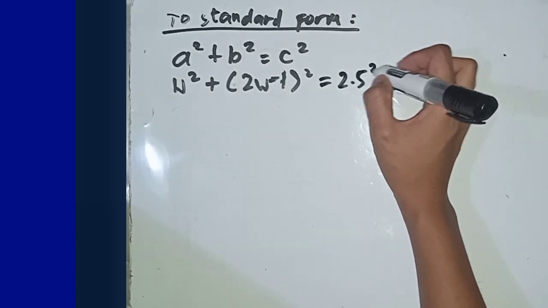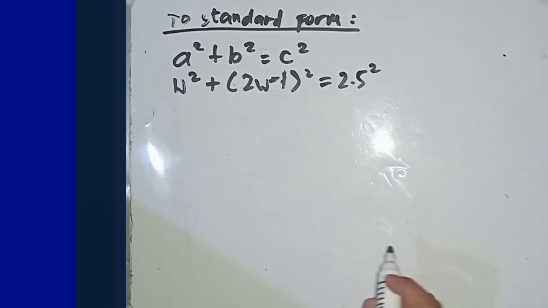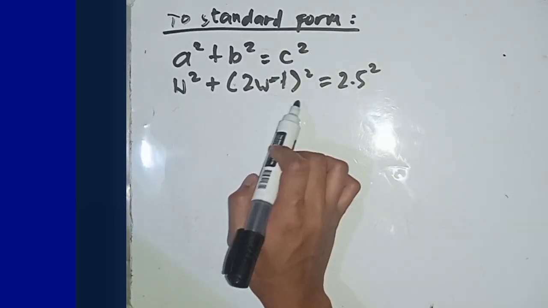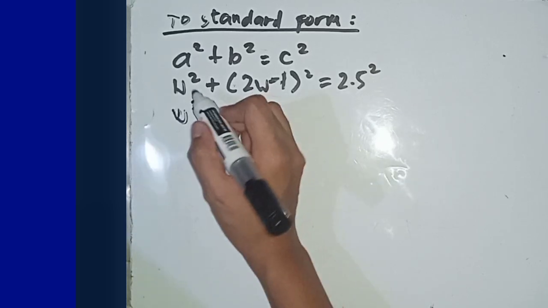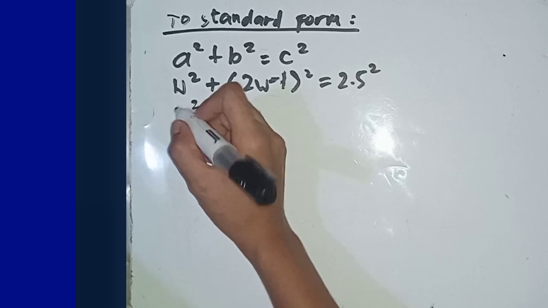That would be 2.5 squared. Okay, so that is still factorable. So we will transform that one into a perfect square trinomial.